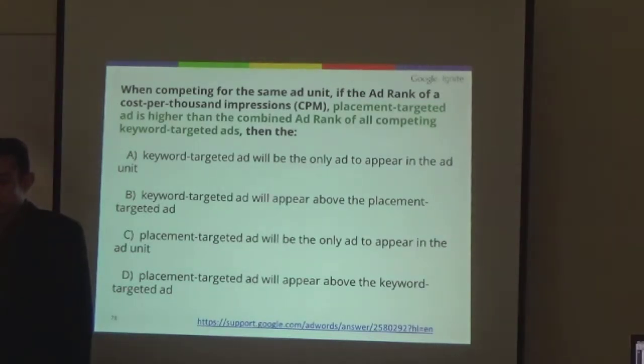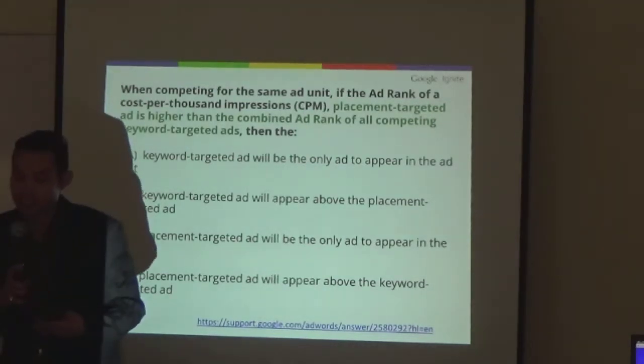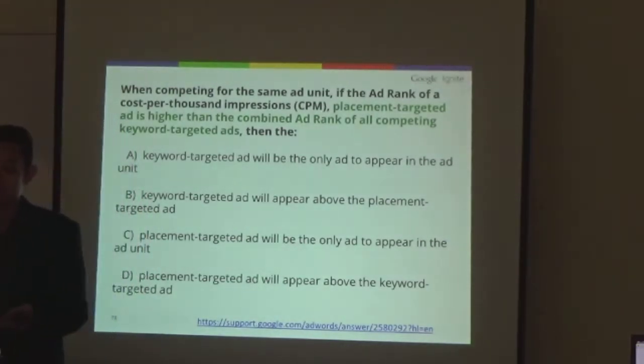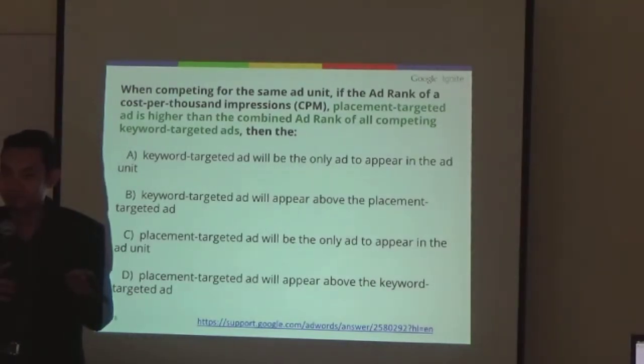Then what happens? A, the keyword ad will be the only ad to appear. B, the keyword targeted ad will appear above the placement. C, the placement targeted ad will be the only ad to appear. Or D, the placement targeted ad will appear above the keyword targeted ad.